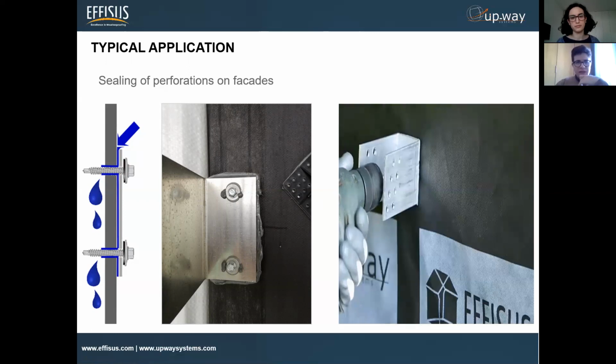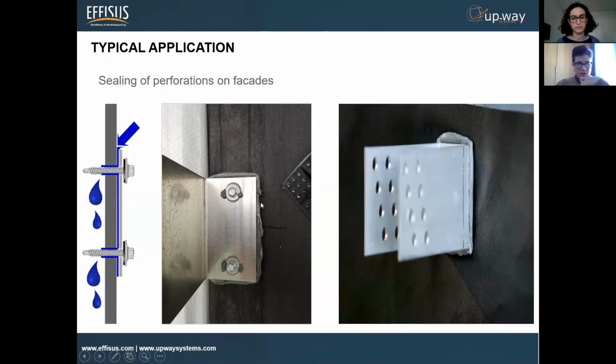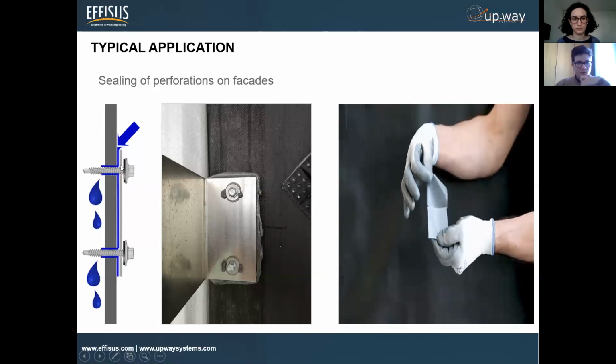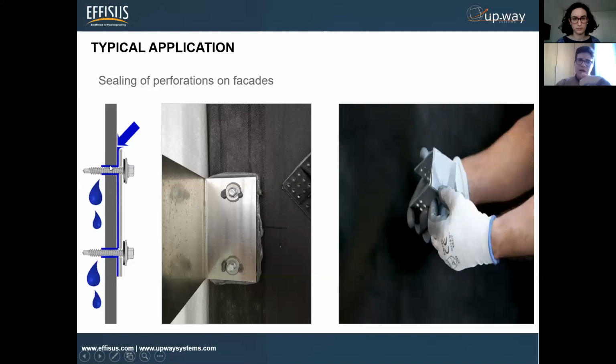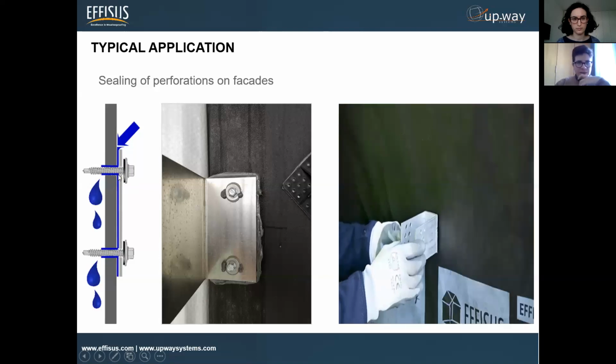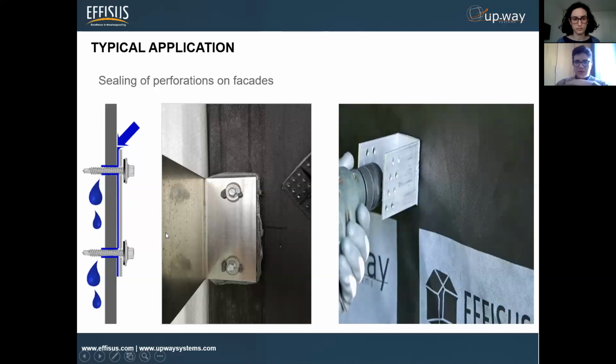This is what would happen, as you see in this video, on the application itself, and this is how it's going to be inside. Once you fasten, the tape will embrace the nail or screw and maintain a completely sealed perforation.